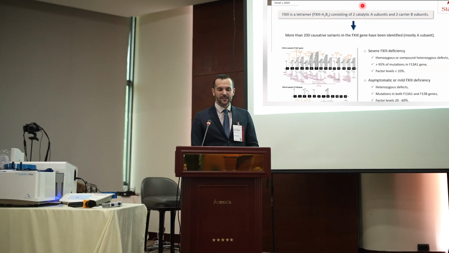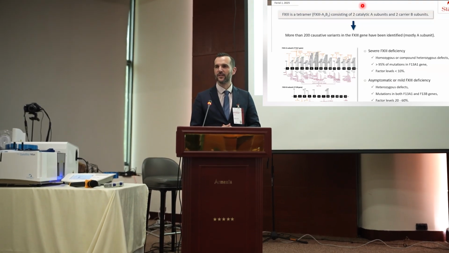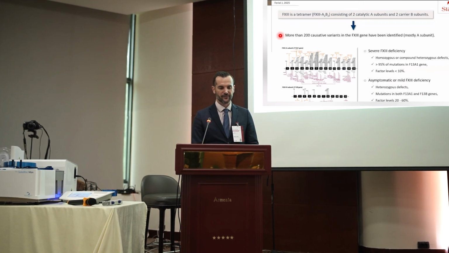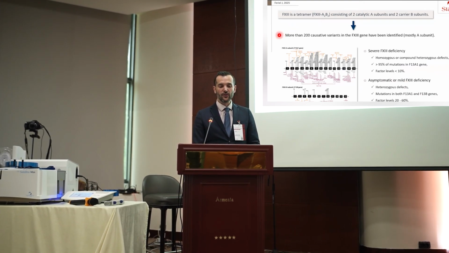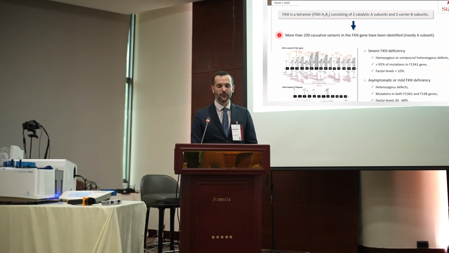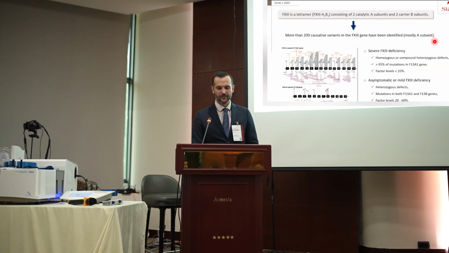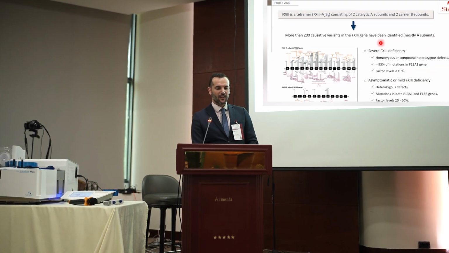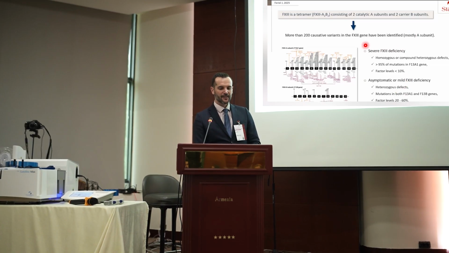So factor 13 is a tetramer consisting of 2 catalytic A subunits and 2 carrier B subunits. More than 200 causative variants in the factor 13 gene have been identified, mostly in the A subunits. Now, what is important is this part.